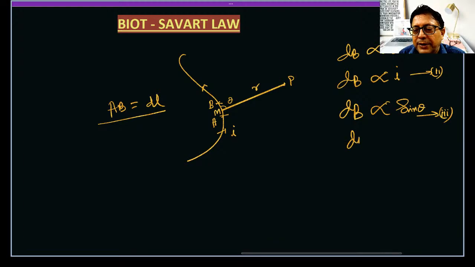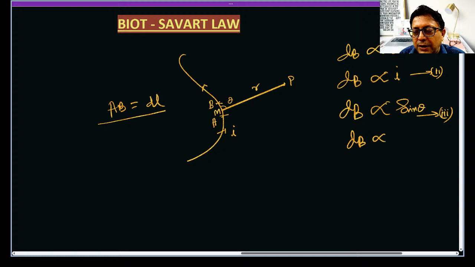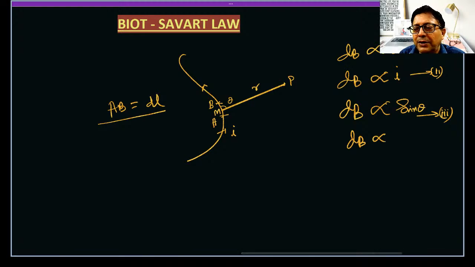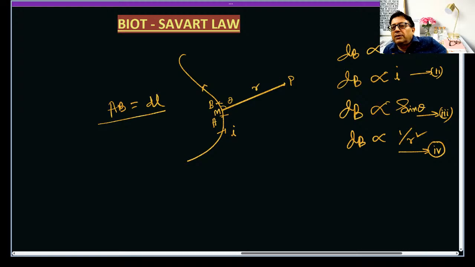And this dB is due to the current element, no? It is inversely proportional to the square of the separation. This inverse square law is true for gravitation, true for electrostatics, and is going to be true for electromagnetism also.